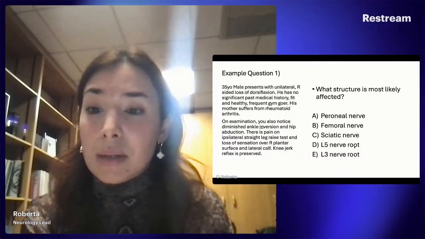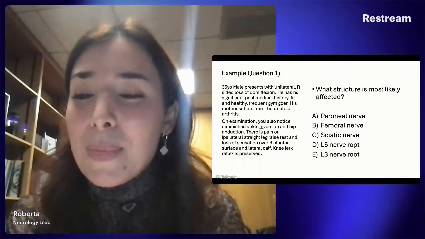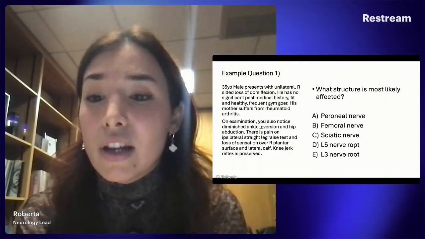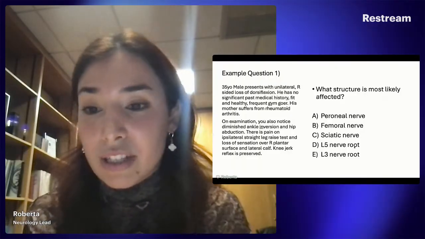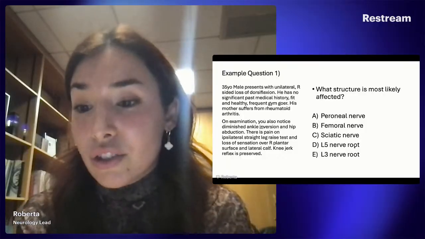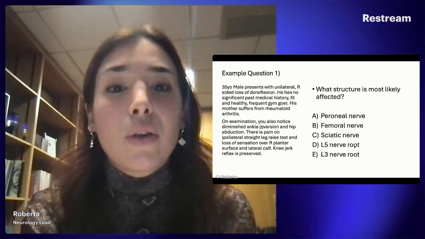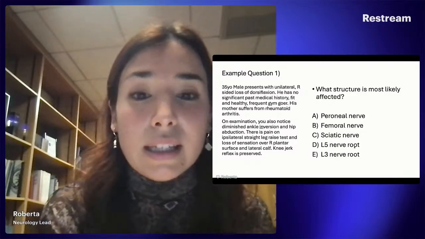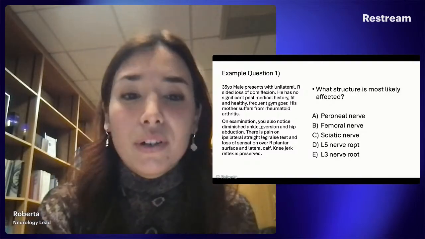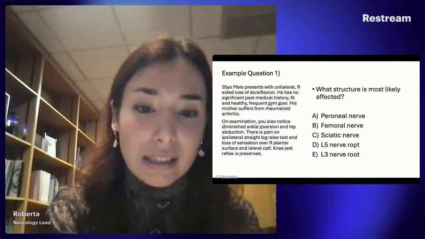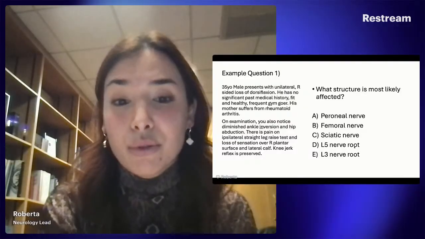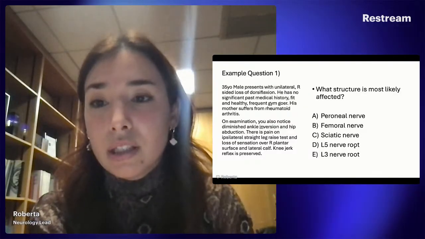There is pain on ipsilateral straight leg raise test and loss of sensation over the right plantar surface and lateral calf. Knee jerk reflex is preserved. What structure is most likely to be affected? Peroneal nerve, femoral nerve, sciatic nerve, L5 nerve root, or L3 nerve root?